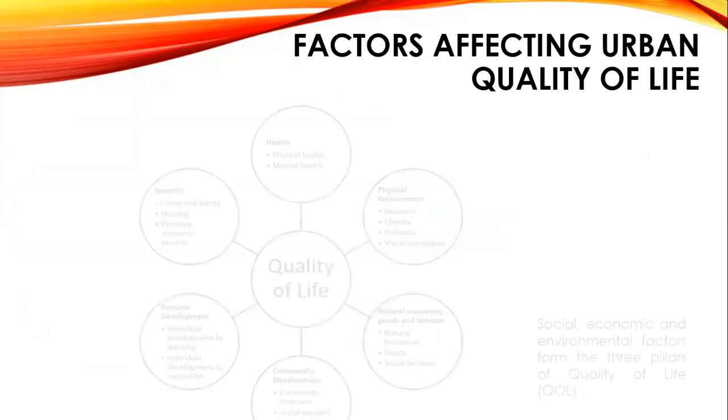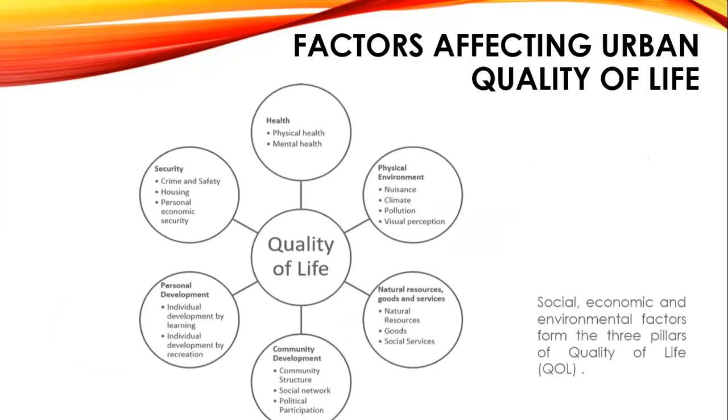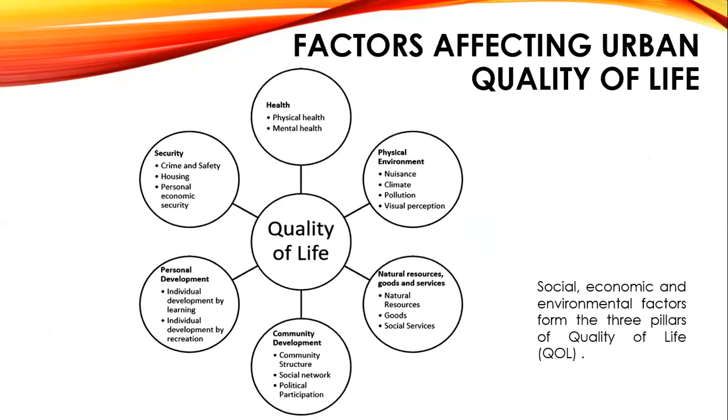So what are the factors that could be considered when you're looking at the urban quality of life? There is health, security, personal development, community development, natural resources, and the physical environment. All these generally form what should be looked at when regarding an area as having a good quality of life. However, the social, economic, and environmental factors mainly form the three main pillars of the quality of life.